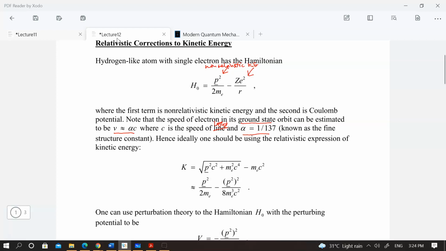Okay. And now this is a bit complicated for us to use inside this Hamiltonian. So what we do, we Taylor expand this. Then you get back to your non-relativistic kinetic energy here. But there are corrections.